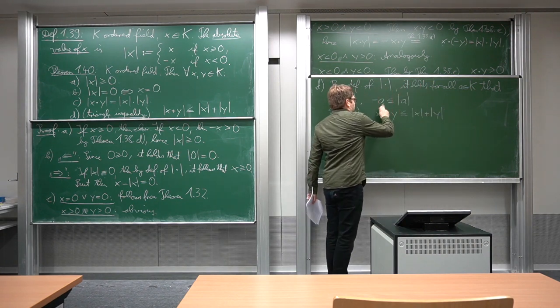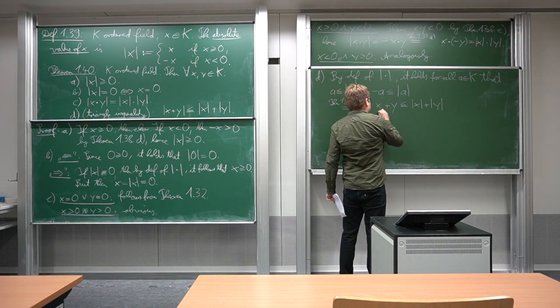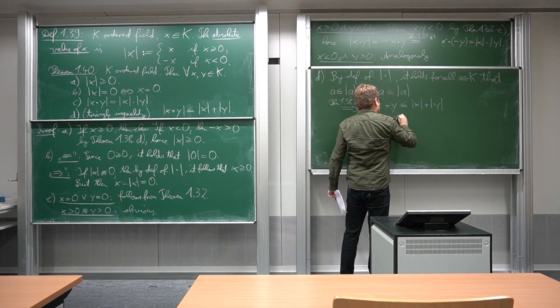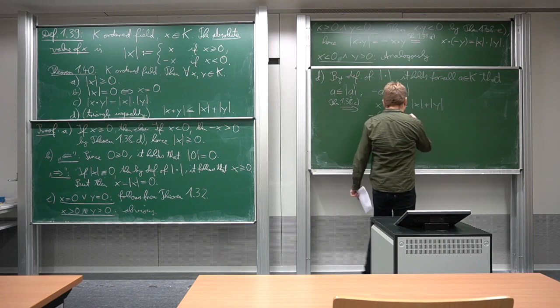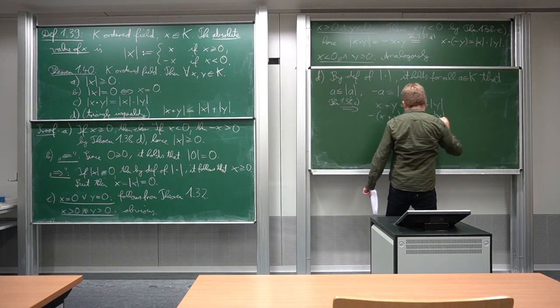And if we take this inequality and replace a by x and by y, we get in the same way that minus x plus y, which is the same as minus x minus y, as we observed before, is also smaller than or equal to this.